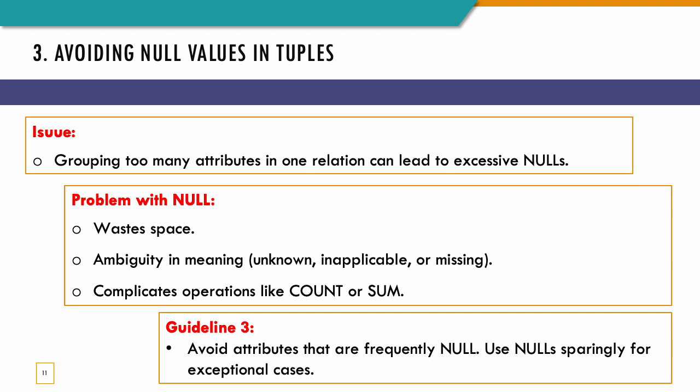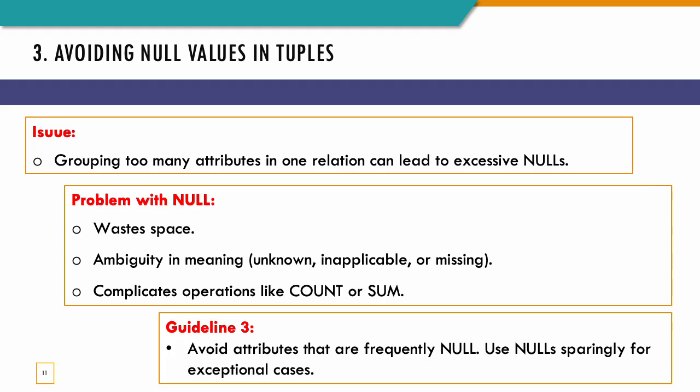Null represents missing or unknown data in a database. When you design a database, one common problem is that if you group too many attributes or columns in one table, you might end up with a lot of null values.